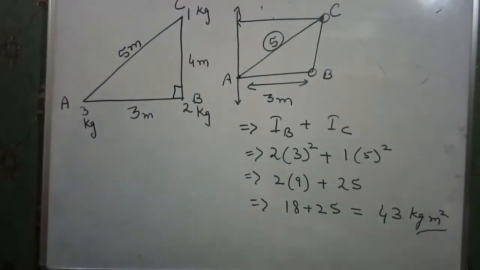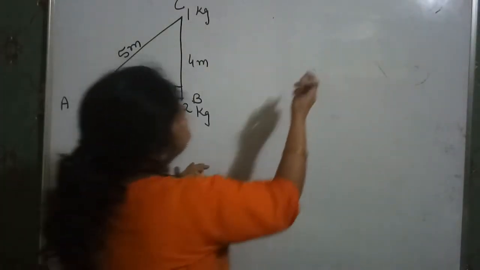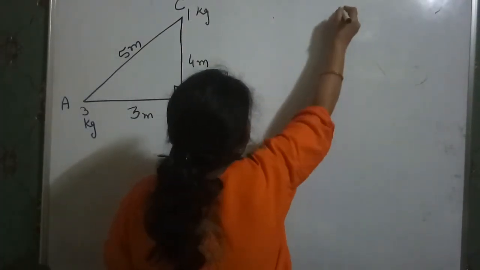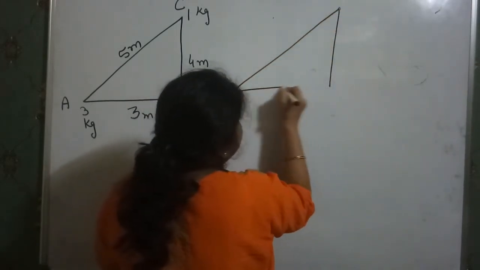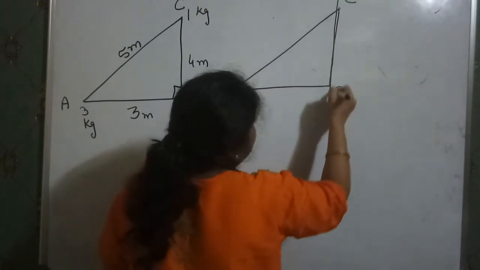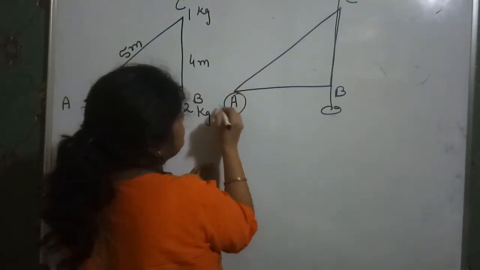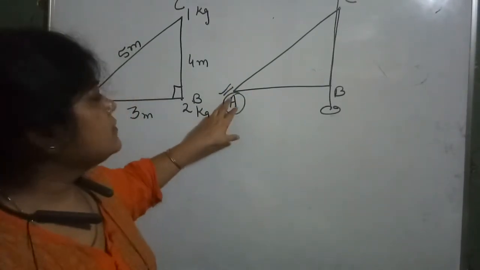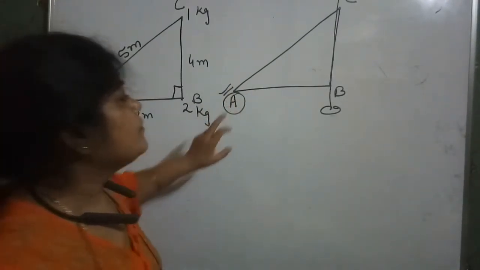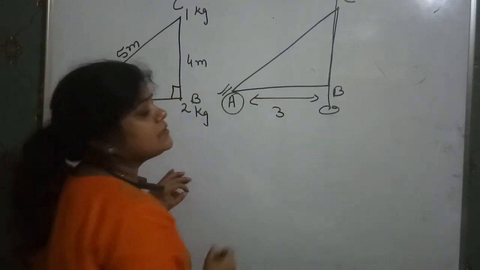In this way, I am going to explain the next concept also. Now the next case, if the axis of rotation is along BC, we just take the consideration of point A. As we know, the distance from this is 3 meters.